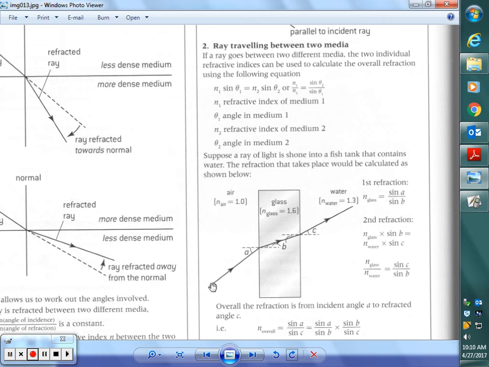There's one refraction as the light goes from air to glass. Then there's another refraction as the light goes back out of the glass and into the air, or in this case, water on the other side. This is why you do the pencil in the glass of water trick, where the top of the pencil and the bottom of the pencil don't match up.